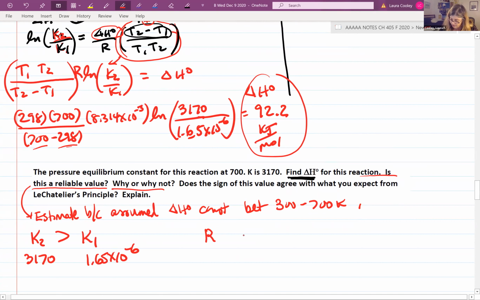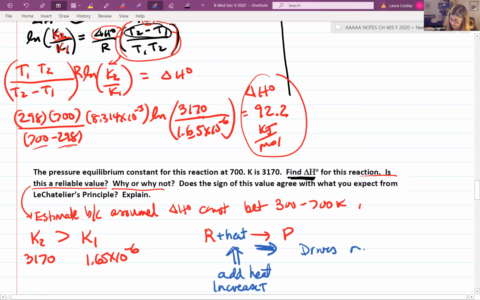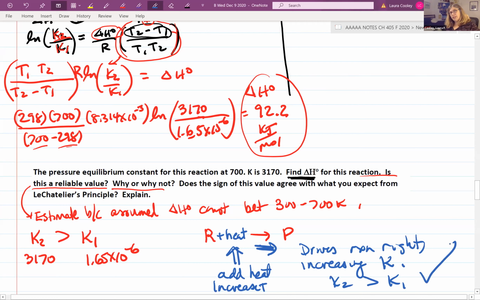So that means if we had an endothermic reaction and we add more heat by increasing the temperature, it's going to drive the reaction to the right, increasing the K. So K2 will be greater than K1. So that works because K2 is greater than K1. So it's consistent with Le Chatelier's principle.